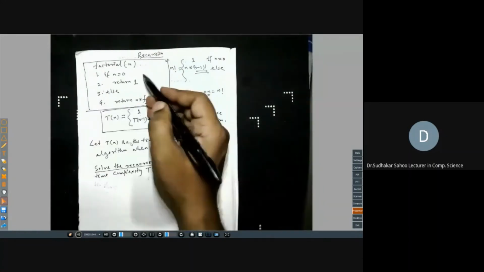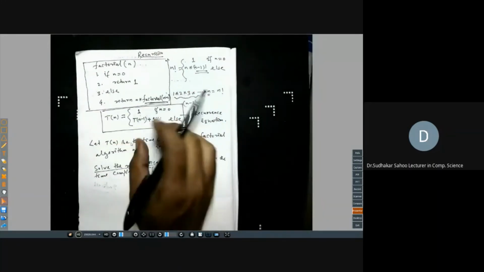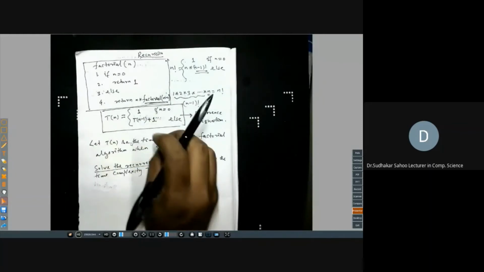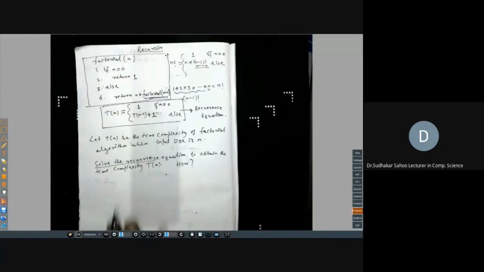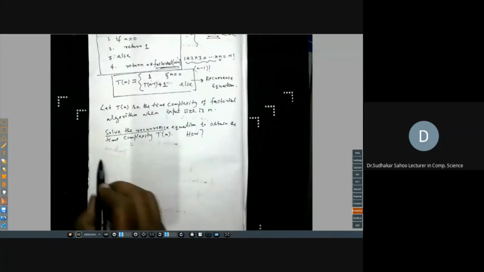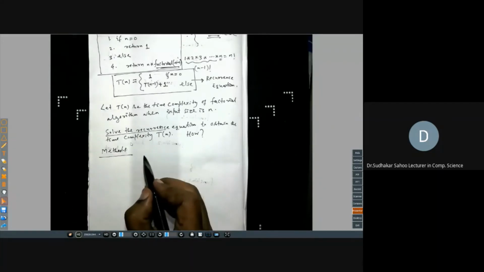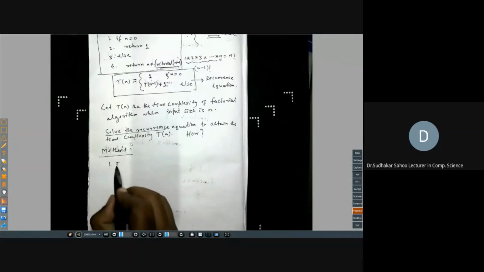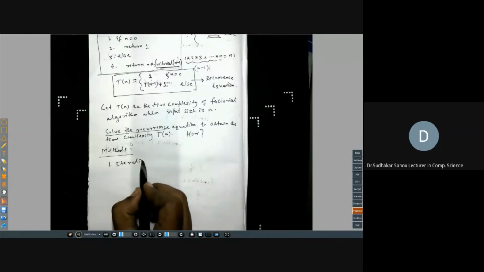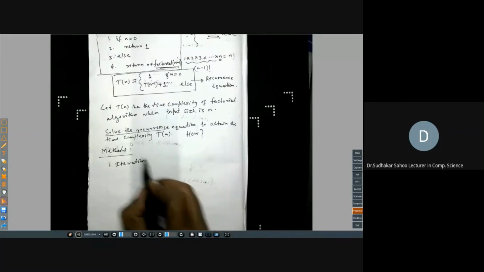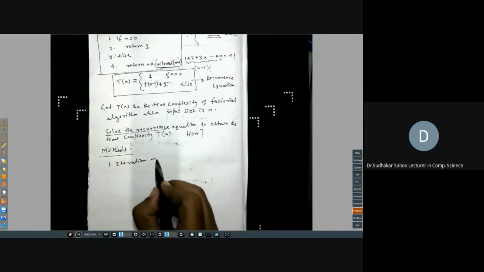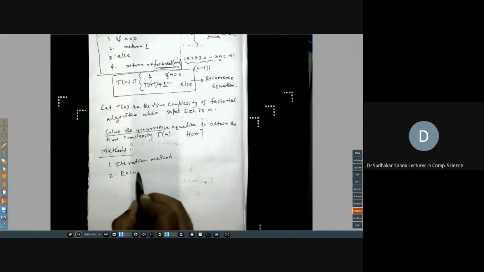This algorithm gives this recurrence equation. If you write another algorithm, it will give another recurrence equation. So various recurrence equations you can find from a recursive algorithm. Now, how to solve these recurrence equations? There are many methods. You must have read some of these in your discrete mathematics course, but we will use some methods in algorithms. First one is the iteration method. Second is the recurrence tree method.